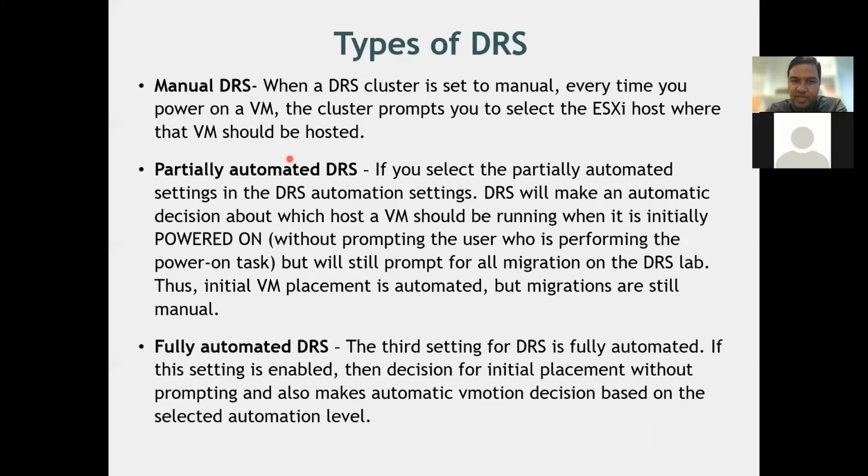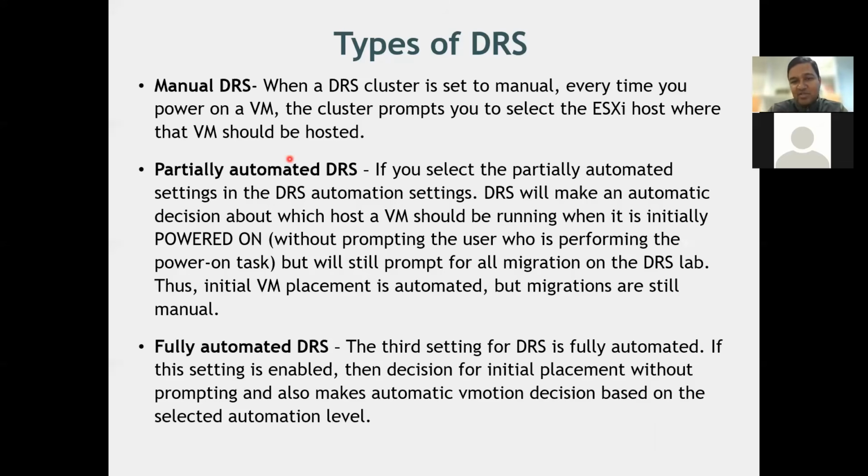So if partially automated DRS is set, and we power on a VM, let's say the VM name is Dilip Prasad, then the Dilip Prasad VM is going to be powered on, and the DRS will decide where it is placed.